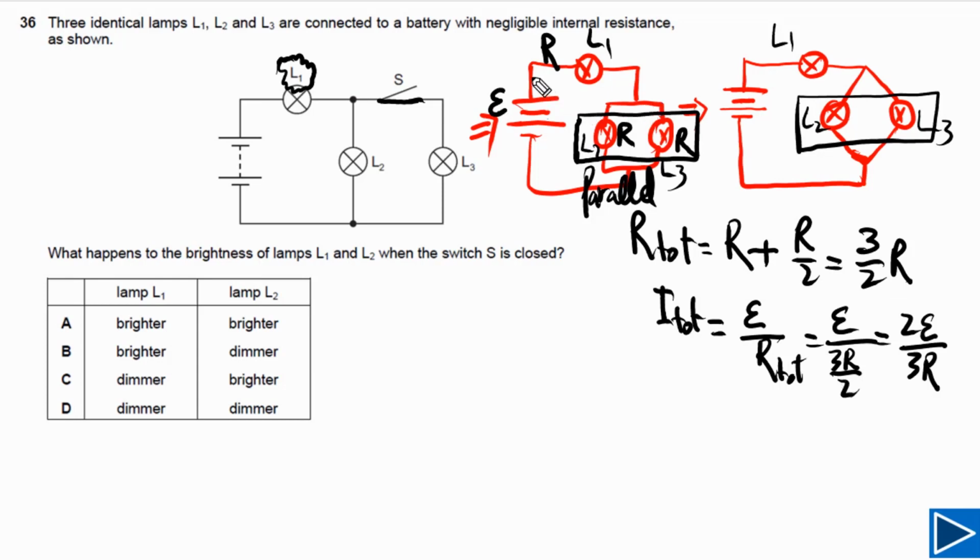Now let's say the current coming from this power supply is I1, and at this junction, the current will split into two parts. Let's say I2 is passing through L2 and I3 is passing through L3. So we can say in this case I1 will be equal to I2 plus I3. But you also need to understand the total current is equal to I total, so I total is equal to I1.